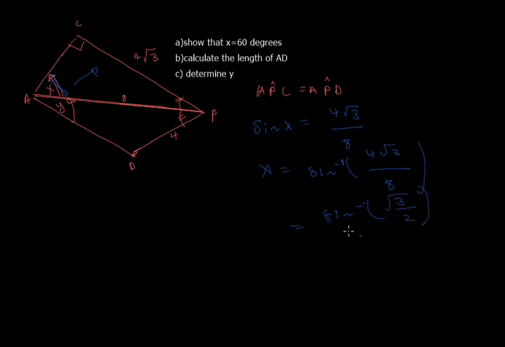And then we know that sine of 60 equals this thing inside the bracket. So our x is going to be 60. So let's move on to part B.